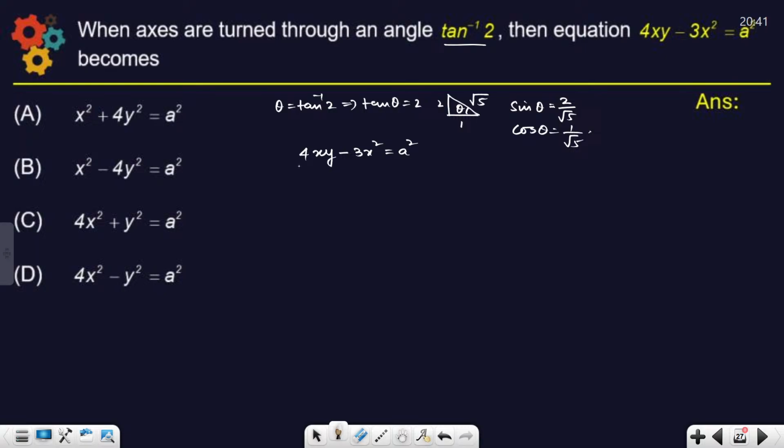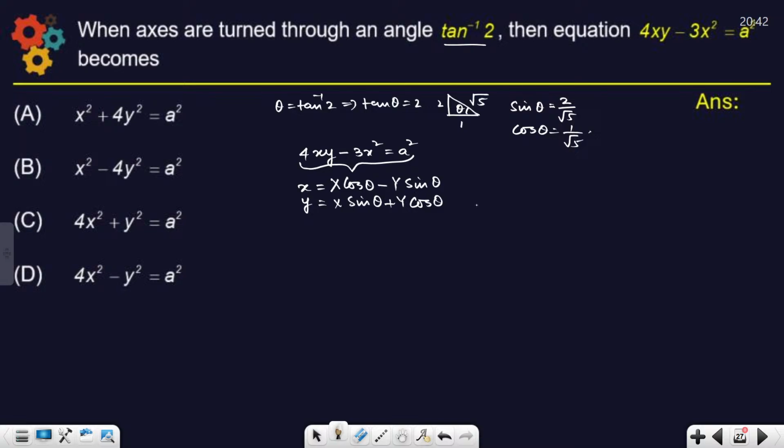This is the equation in the old system, so we have to find the equation in the new system. So what will I do? I will simply replace small x, just now we have learned, it's capital X cos theta minus capital Y sin theta. Small y is capital X sin theta plus capital Y cos theta.